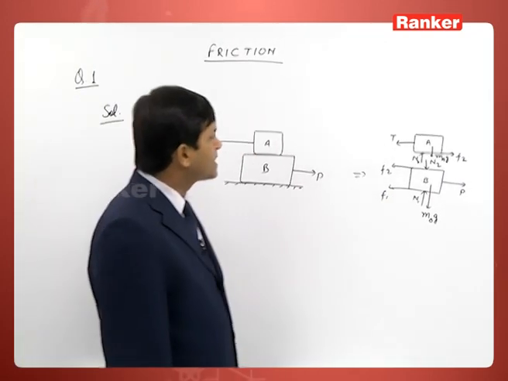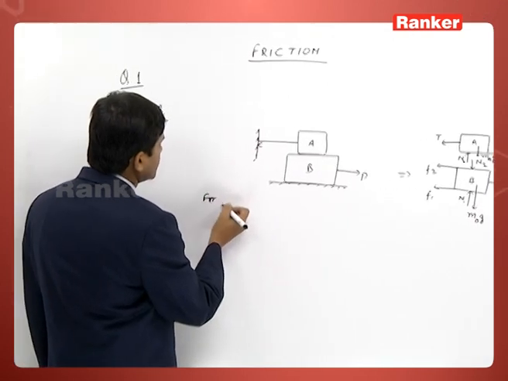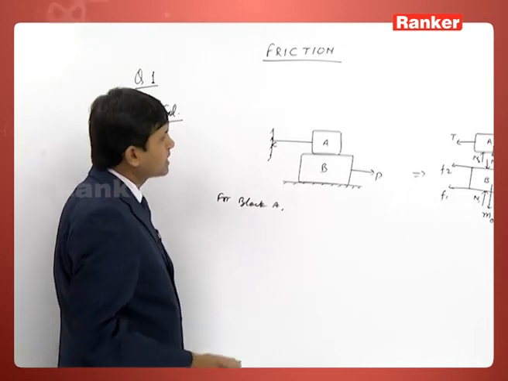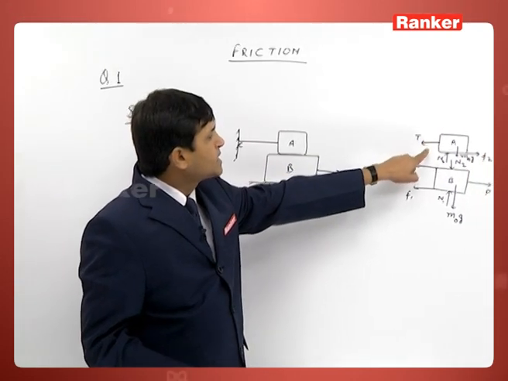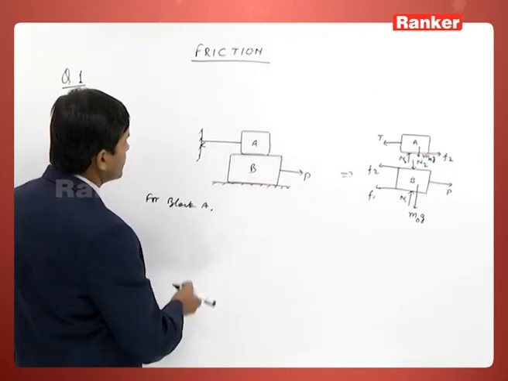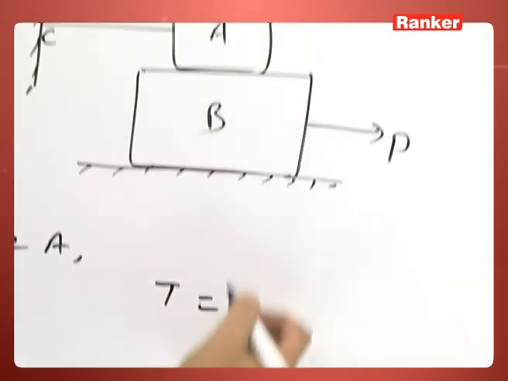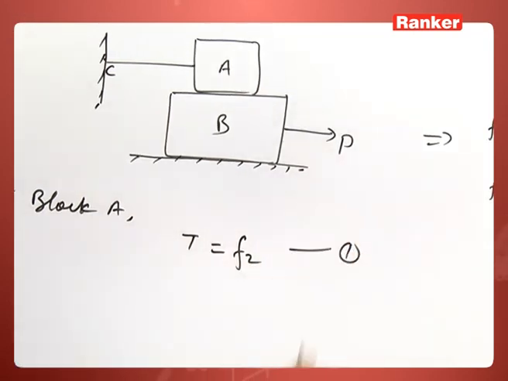Now we will write the equations for equilibrium. For block A, since block A is not moving, we can say T is equal to F2, first equation. It means the friction force and tension balance each other.